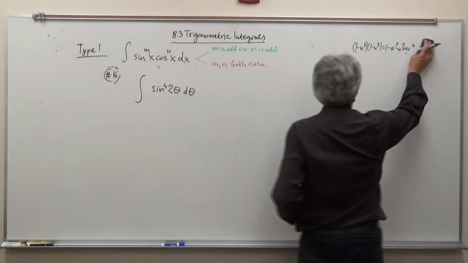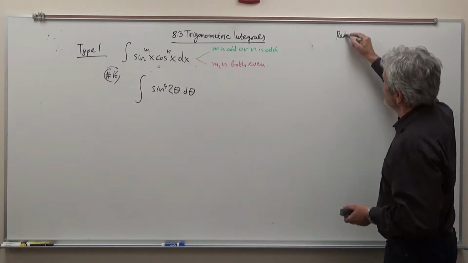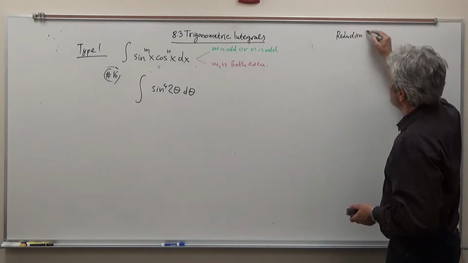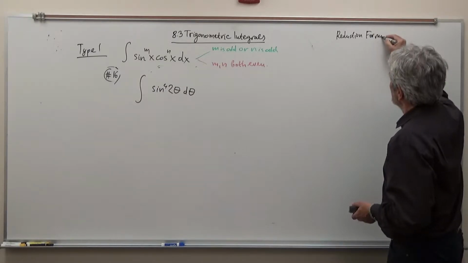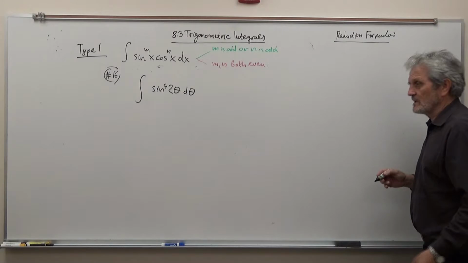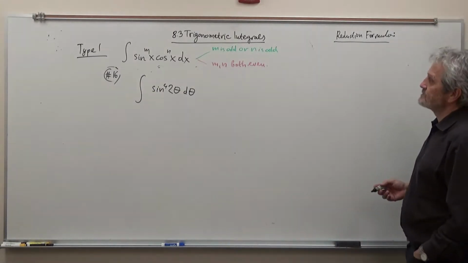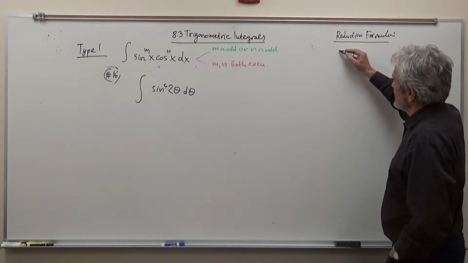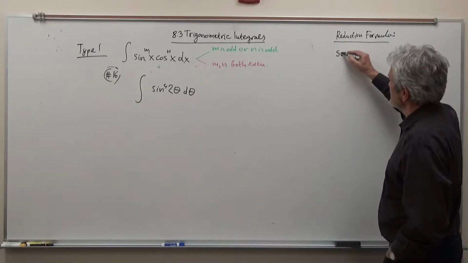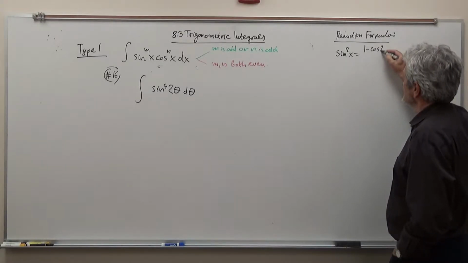We need a little help from trigonometry, and that's called reduction formula. And very often your trig professors tell you when they teach you this formula, they say, oh, one day you will need it in calculus 2. Here is the moment. Basically, there's a formula that says the following, that sine square x equals 1 minus cosine 2x over 2.